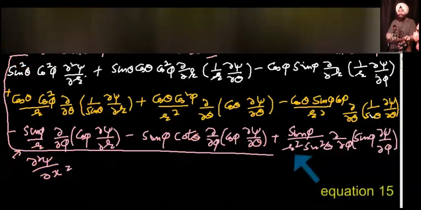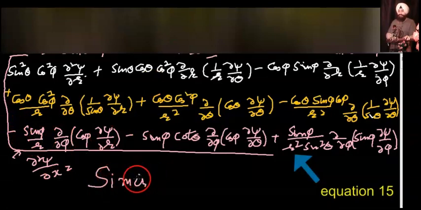So this value is curly squared psi by curly x squared. This is equation 15. The 9 terms equation is 15.